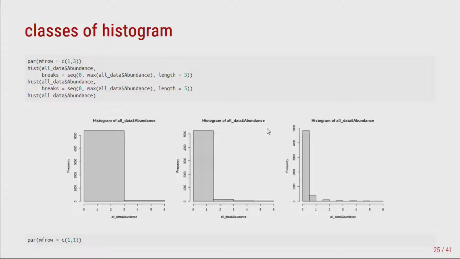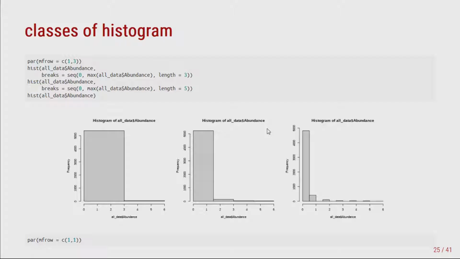probably tomorrow. And here I'm setting, the default in R is always to plot on one device. I want to plot here 3 plots on the same device. So I'm defining that I want to create an empty box with 1 row and 3 columns, and I'm adding each histogram to one of these columns.